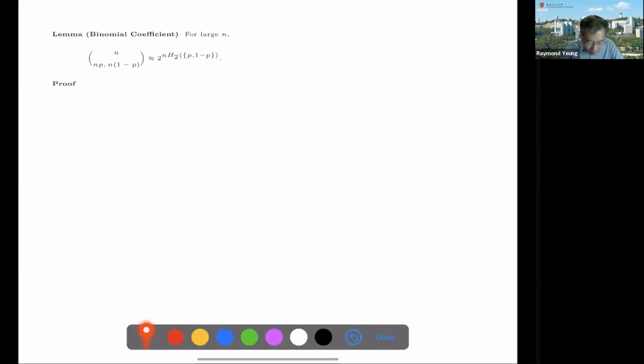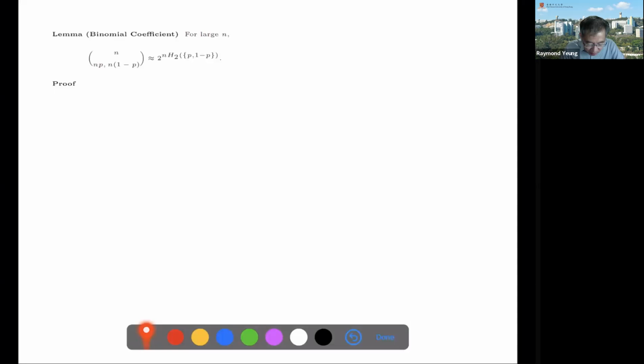One important consequence of Stirling's approximation is the following. We have this binomial coefficient, n choose np, n times (1 minus p), where n is a large integer and p is some probability between 0 and 1.